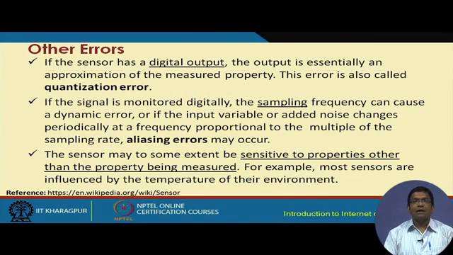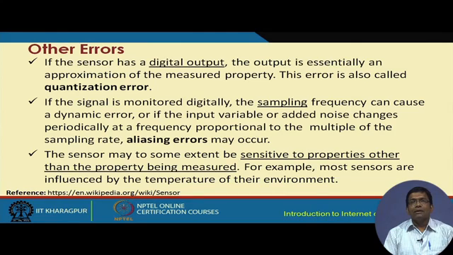There are different other errors such as quantization error, which is basically if the sensor has a digital output, the output is essentially an approximation of the measured property, and this is known as the quantization error. If you are sampling the signals, this leads to a type of error which is known as the aliasing error. And the sensors may at times be sensitive to properties other than the property that is being measured.